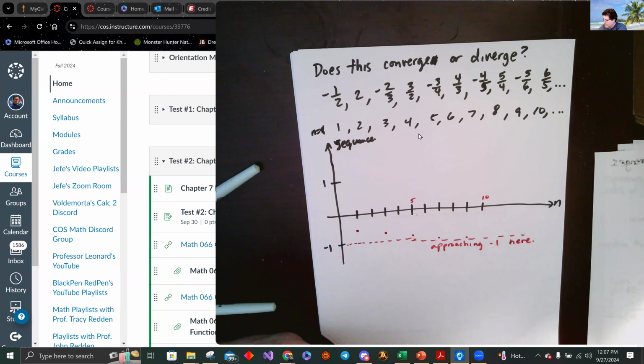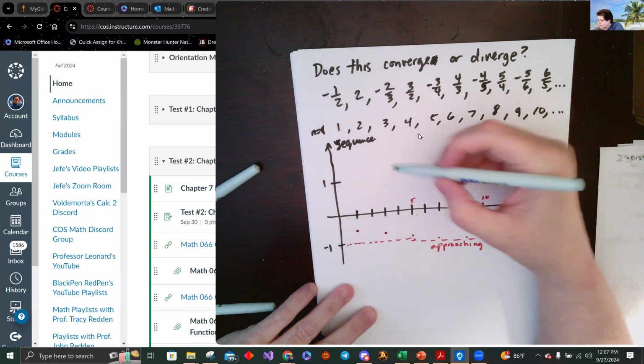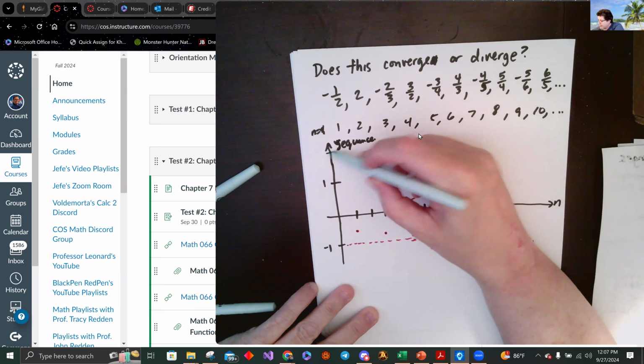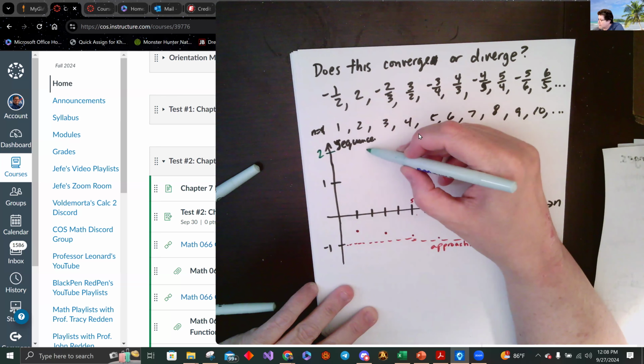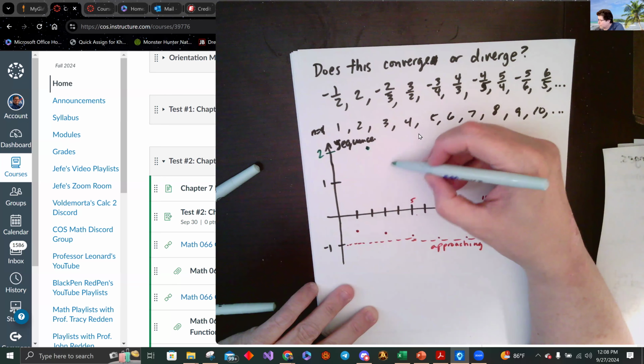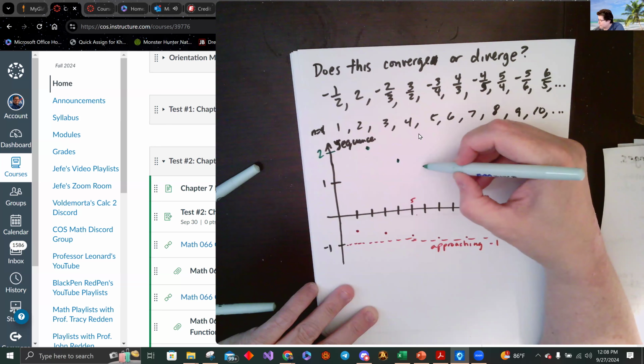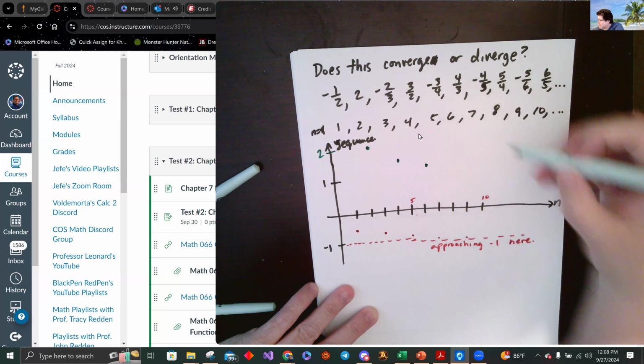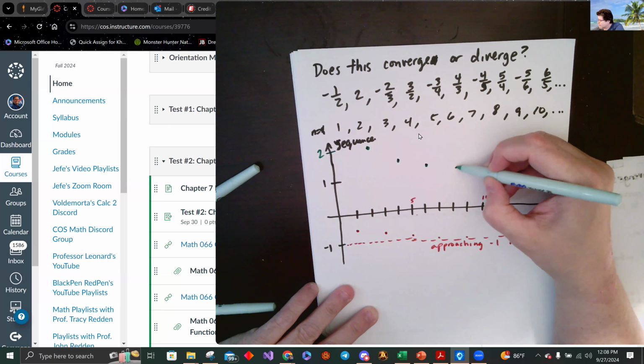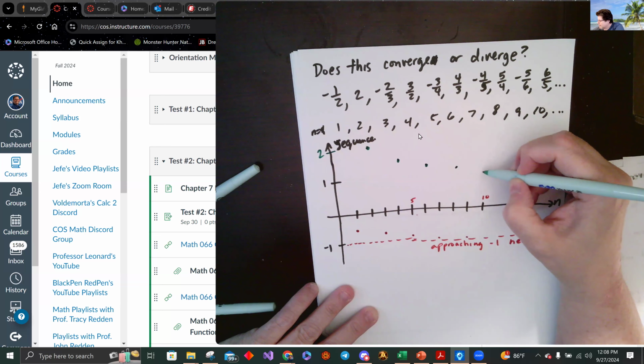And if I do the even ones, n equals 2 is 2. I need to go higher. And then n equals 4 is 3/2. N equals 6 is 4/3. 5/4. 6/5 is like 1.2.